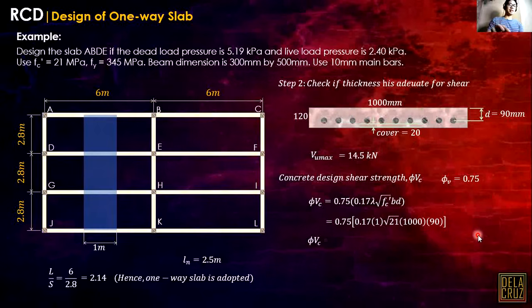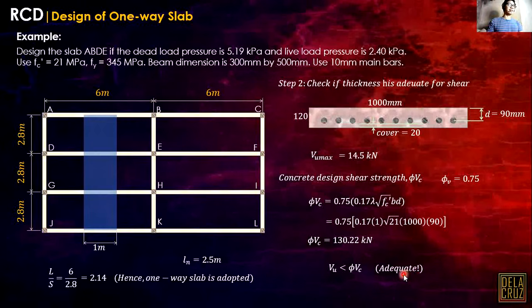Okay, so phi Vc is 130.22 kilonewtons. Then ito yung i-check natin or i-compare natin sa maximum shear because of the factored loads. So comparing this one, Vu or the maximum shear due to the factored load did not exceed ng phi Vc. Okay, that means kayang-kaya ng concrete yung shear, and that is adequate.